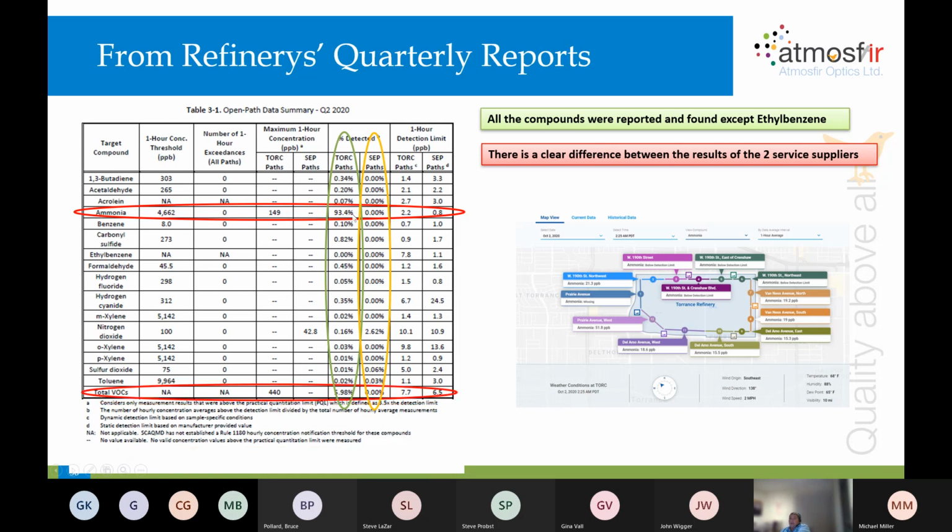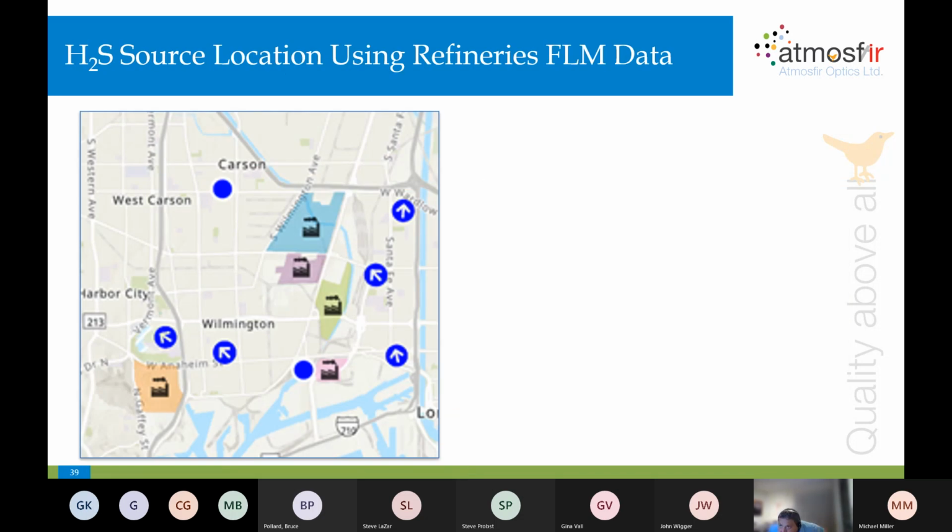As we see, ammonia 93% of the time, and the other service provider, same time, same area, didn't find even ammonia, and the same goes with the rest of the compounds. Again, this leads to the point that automated quality assurance, real quality assurance, should be implemented, and it's not that easy to do a spectroscopist analysis.